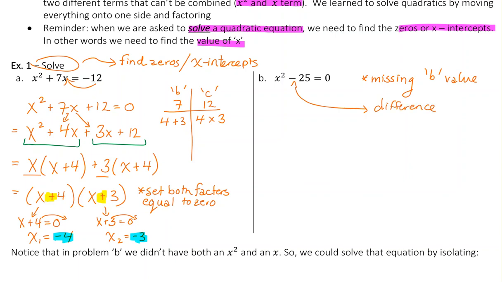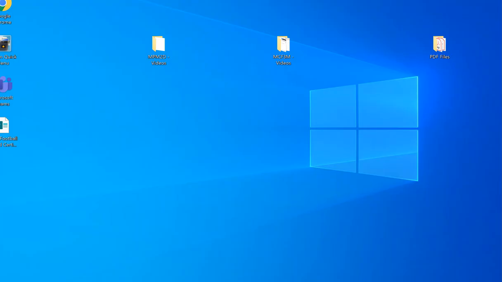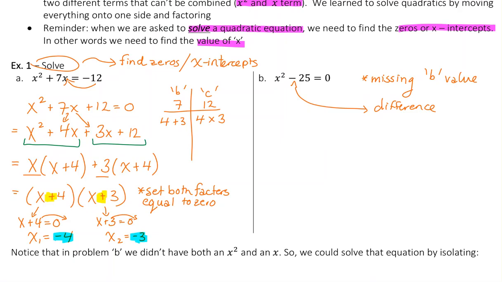And the number 25 should jump out at you as being a perfect square, meaning it's 5 times 5. Therefore, this whole problem is in fact a difference of squares.